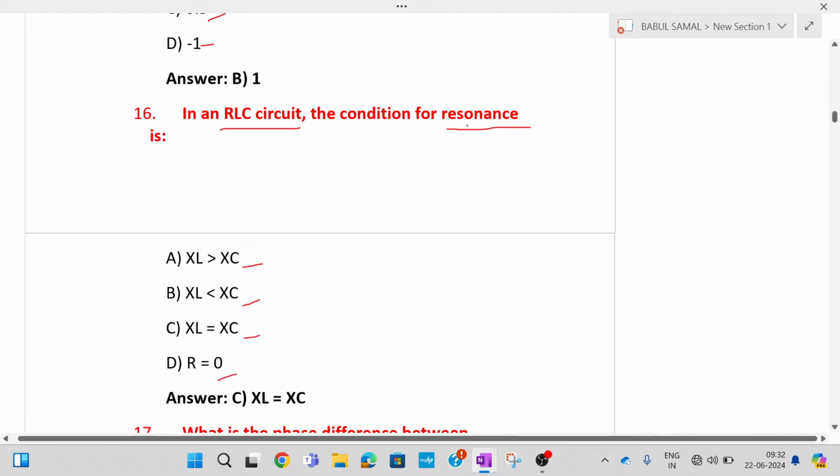So in an RLC circuit, the condition for resonance is XL is equal to XC. So option C will be correct.